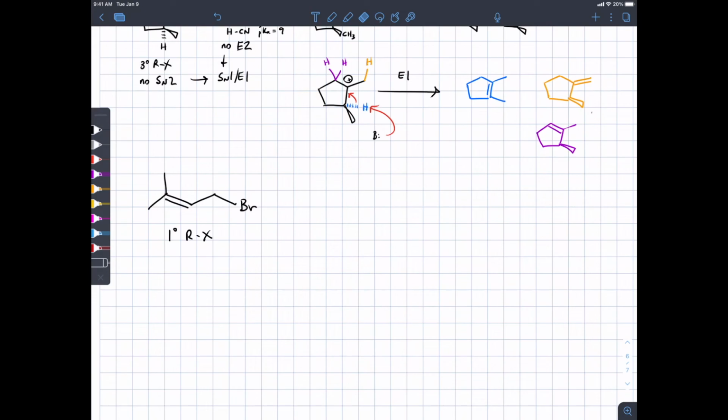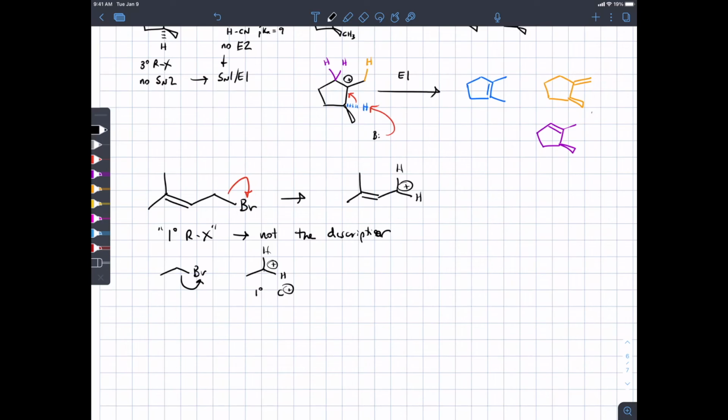And it definitely is, but that's not the best descriptor. And the reason for that is that for a regular primary alkyl halide, if it left, you would have a localized primary carbocation. But in contrast, if this group left, is that the same as a localized primary carbocation?